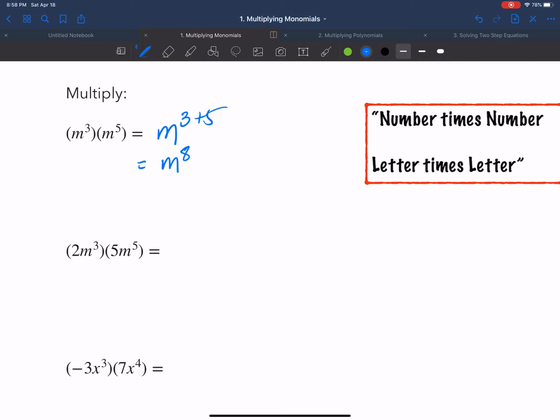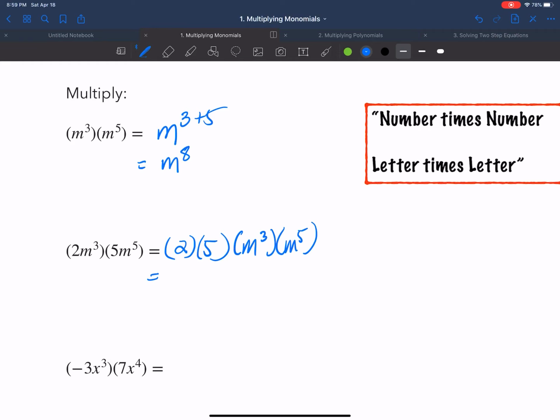So if I'm going to say number times number, I would do 2 times 5, and then m to the power 3 times m to the power 5. And this is a long way of writing it out. I'm not going to do that for the next one.